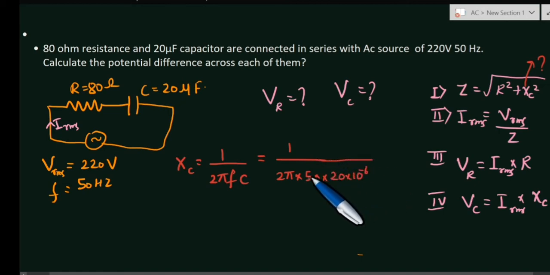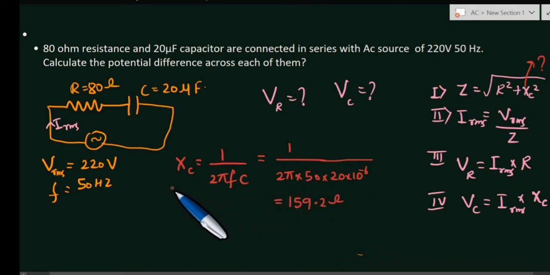And if you calculate the value of XC, the value of XC is found to be 159.2 ohm.